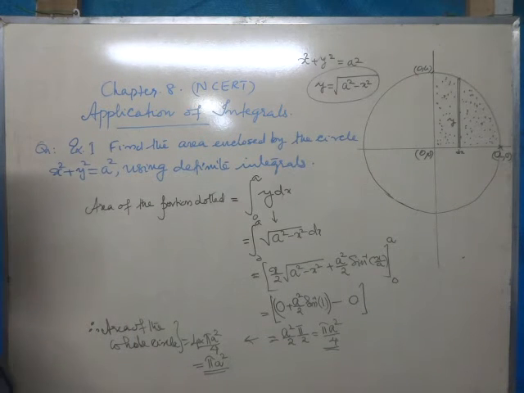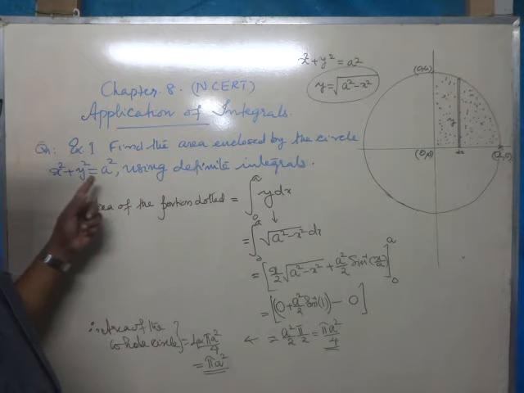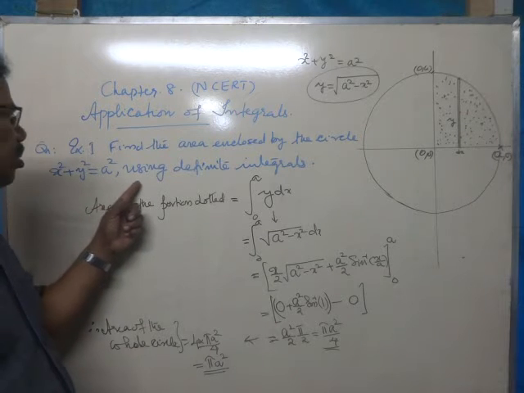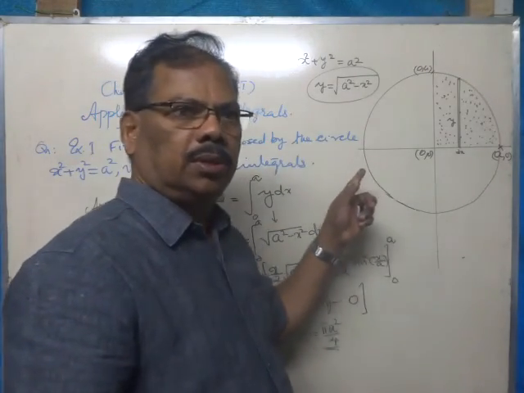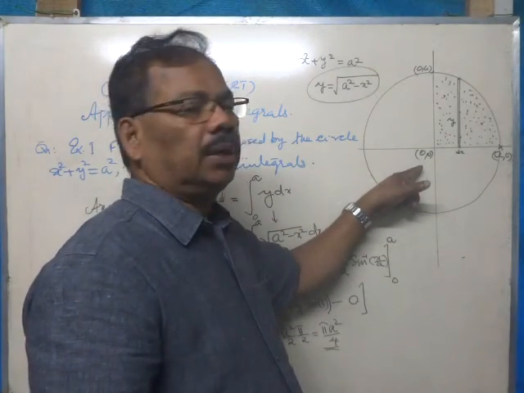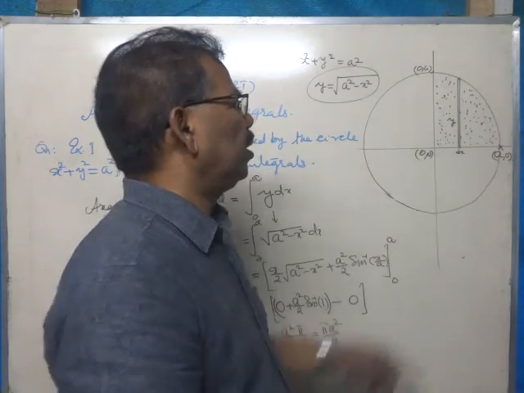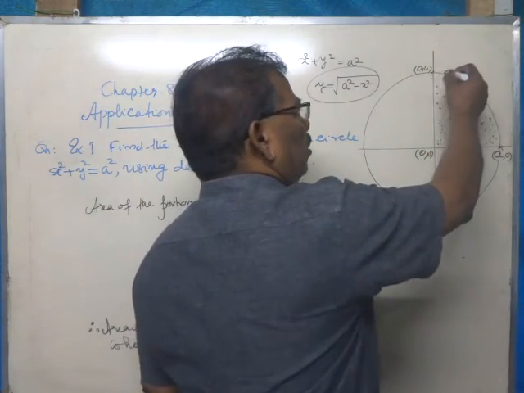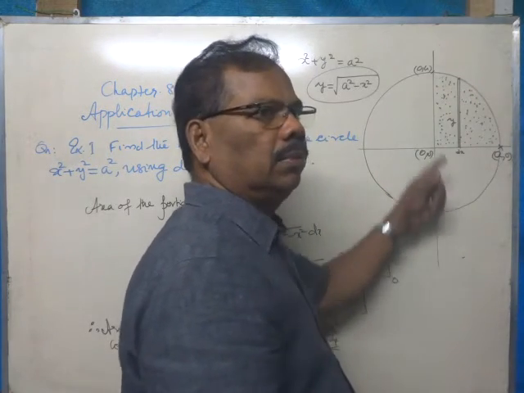Once again, find the area enclosed by the circle x square plus y square equals a square using definite integrals. First draw the circle with the center the origin and radius a unit. We shall consider the sector on the upper half, right side.